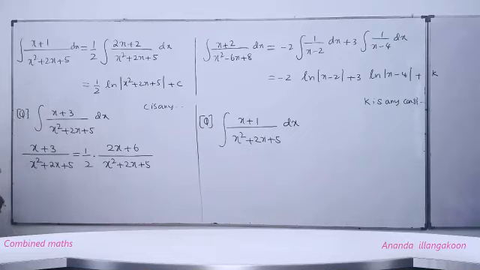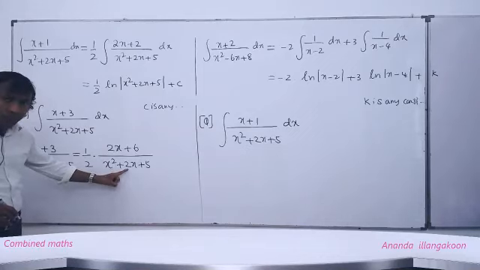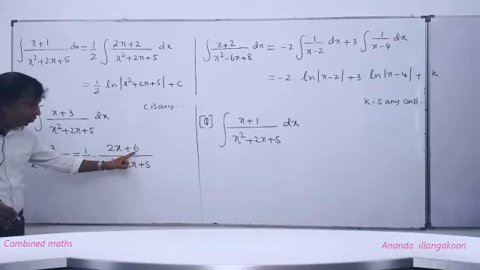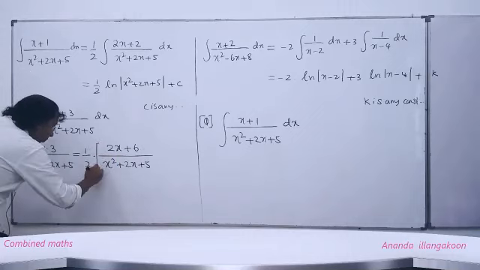Okay. Now the left hand side, same thing available here. But the derivative is 2x plus 2. We have 2x plus 6. Then the 6 we write 2 plus 4. Right. Put the bracket here.